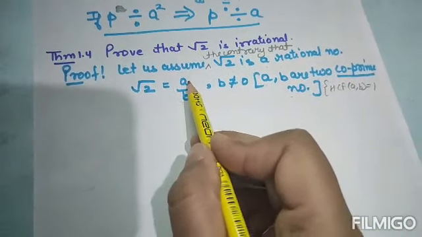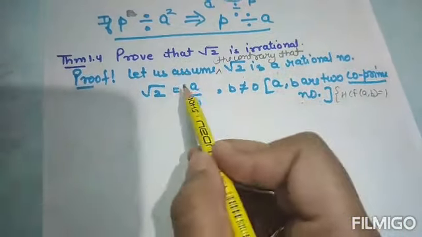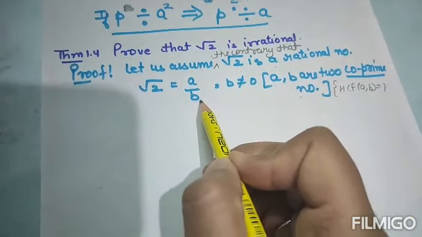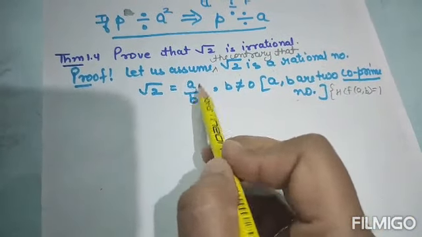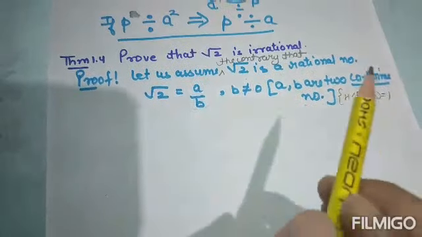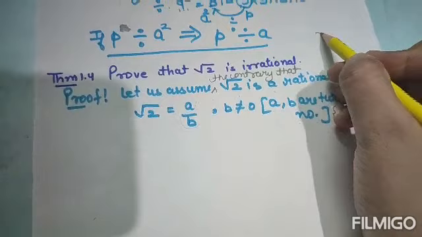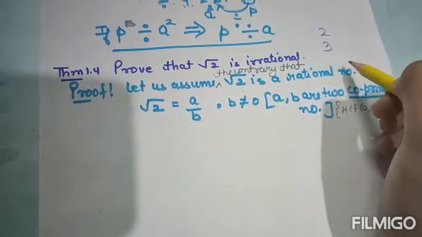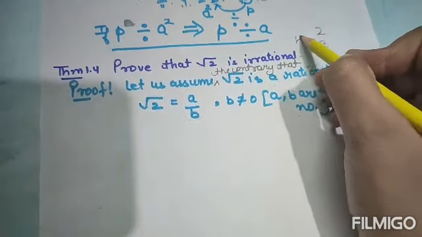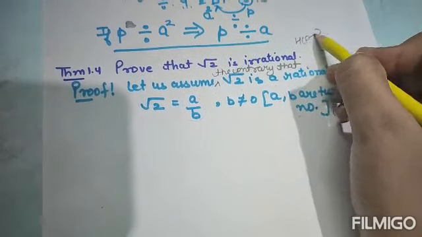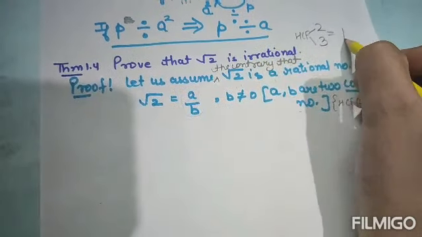That is, कि only the number 1 can divide a and b. Otherwise, there will be no other number common in this. Only one number will be common. So, for example, if I take 2 and 3, the HCF of 2 and 3 is 1.